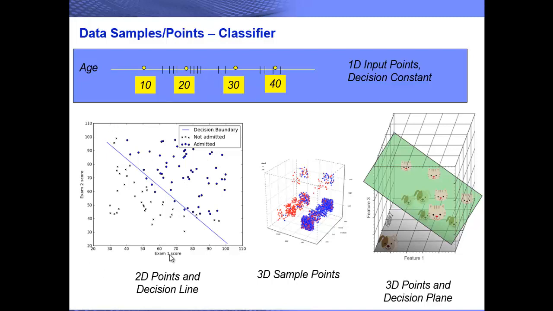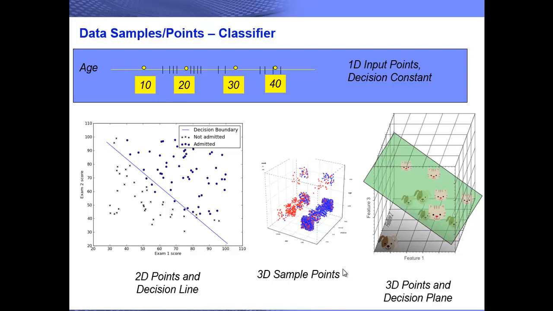If it is two-dimensional data, then a line, or decision line, is enough to separate the two types of data points. If it is 3D space, then a 2D plane will be required. But if it is four-dimensional or higher dimensional data, then we call this decision boundary a hyperplane.